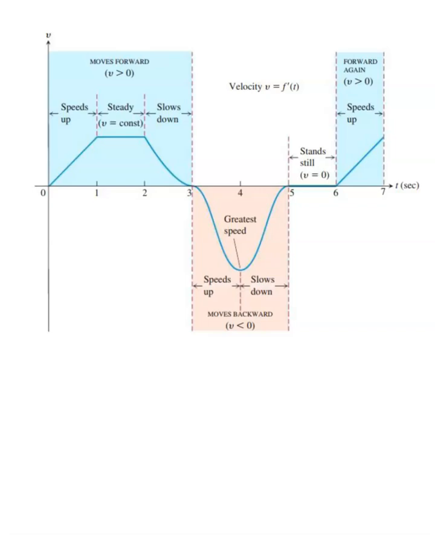Now let's consider this graph. When we learn to read graphs and understand information from graphs, obviously the most important information is to see what your x-axis relates to and what your y-axis relates to. Here the x-axis relates to time measured in seconds, and the y-axis is v, so that's your velocity.